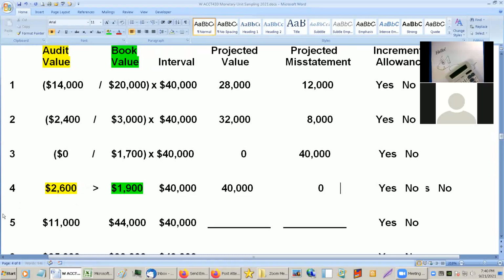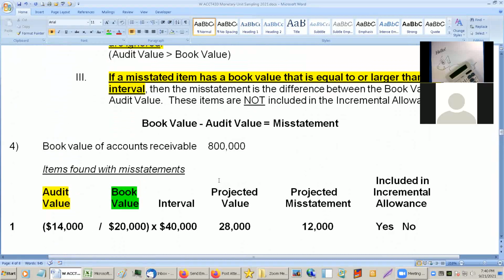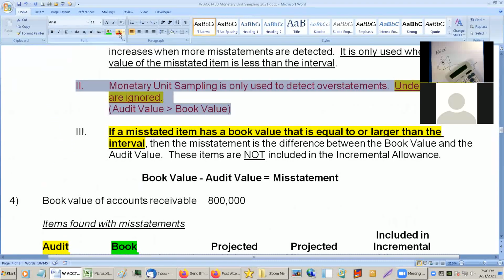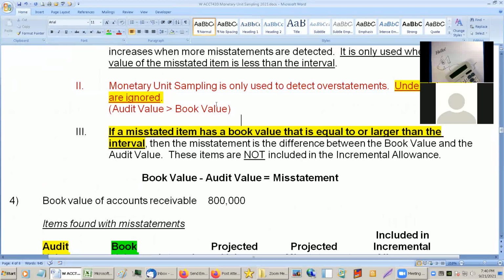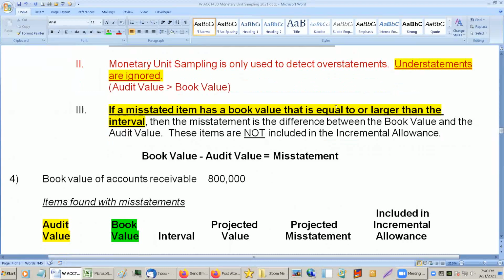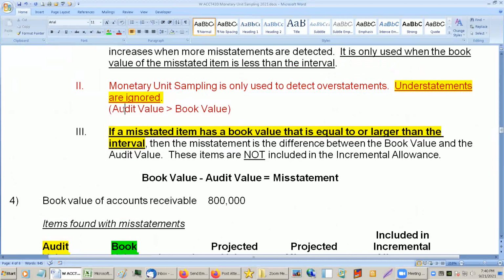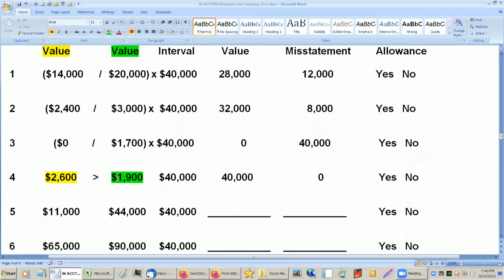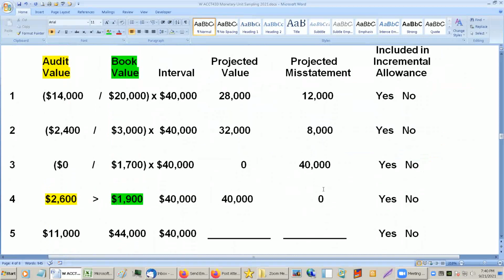So this is again a kooky one. Understatements are ignored. So if the audit value is bigger than the book value, we ignore it. It's fine.